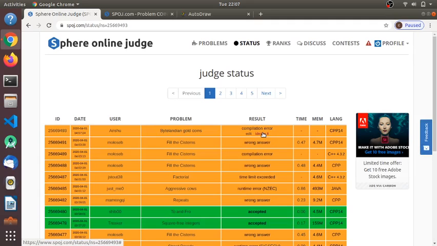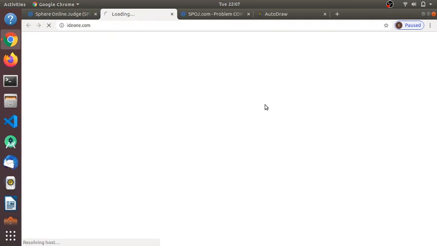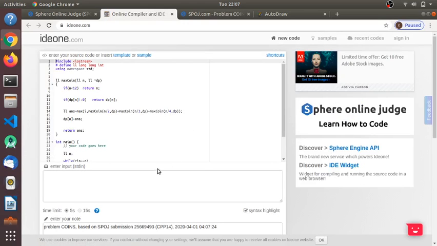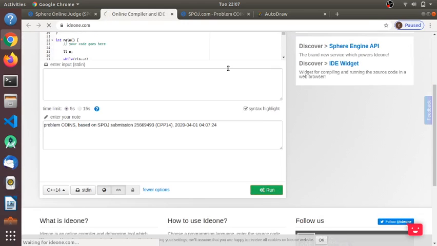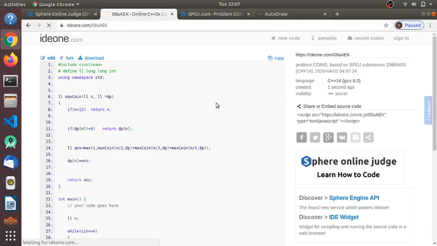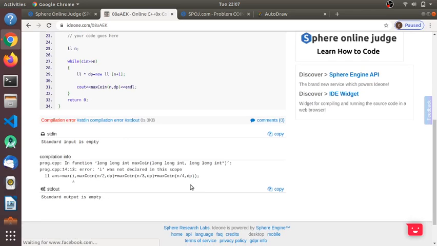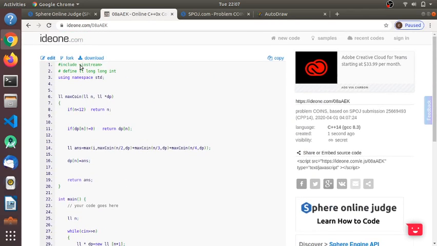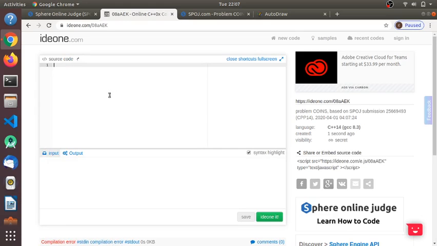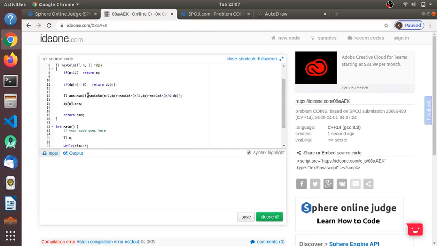See, there is some compiler error. Let's just check it on the IDE. It is saying that i was not declared, and that is completely okay, because yes, we haven't declared i, right?